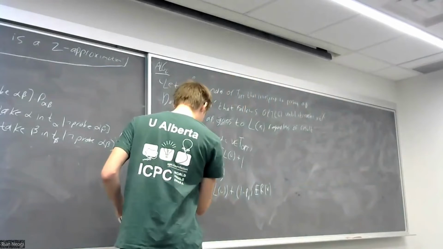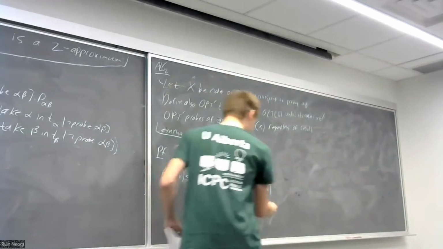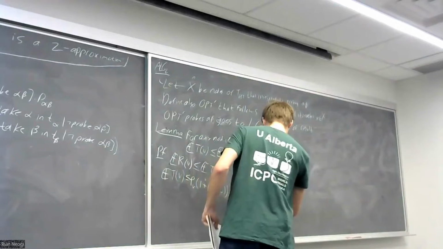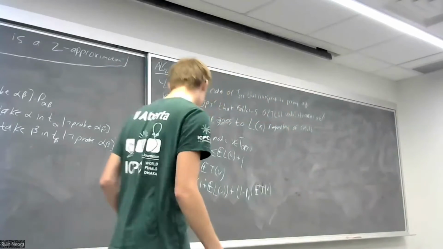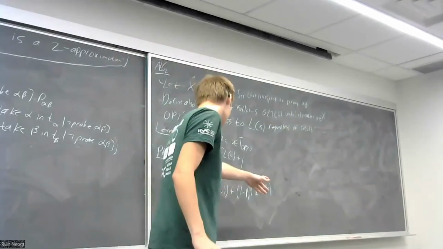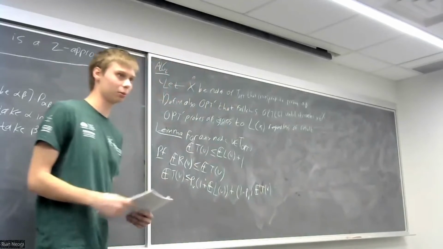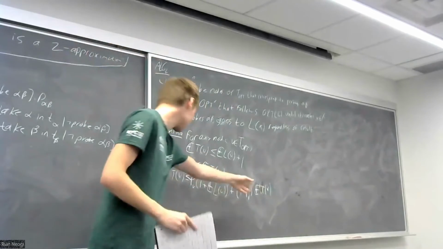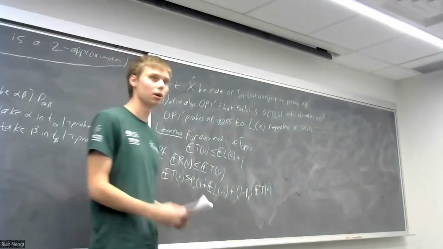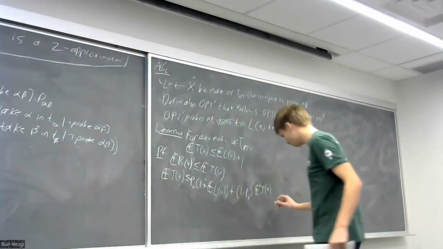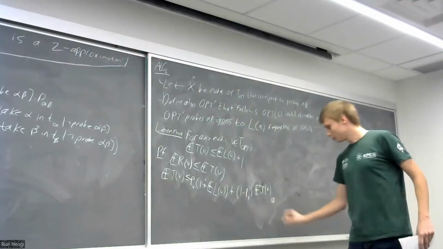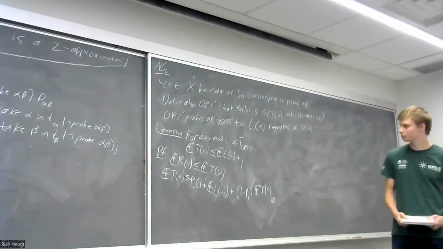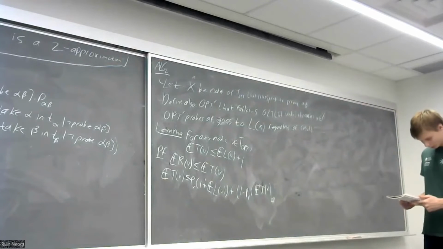But because of this, you can replace this with just the expected value from the tree. If you rearrange, you get the lemma. You move this to this side, and then you divide out the PV, which is non-zero by assumption. Okay, so now we have the lemma.